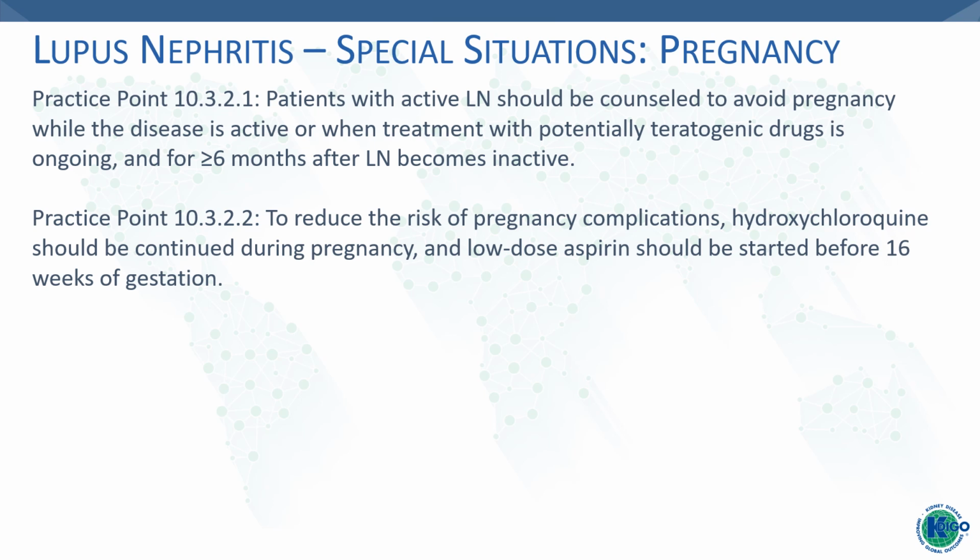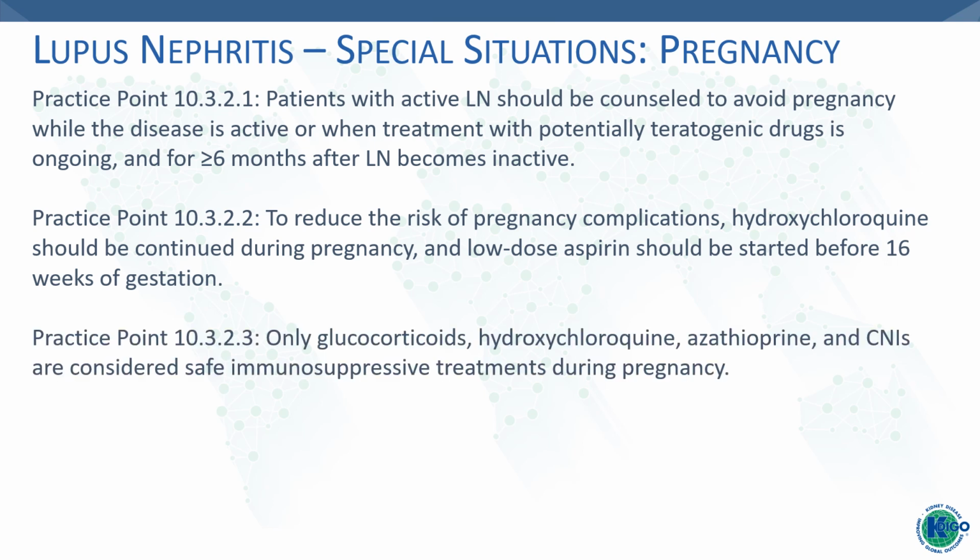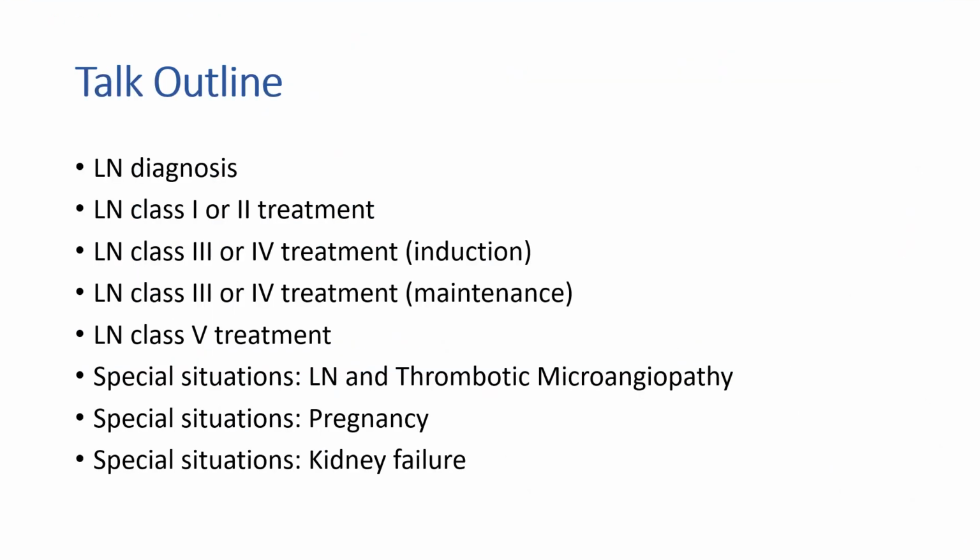Also, to reduce the risk of pregnancy complications, hydroxychloroquine should be continued during pregnancy, and low-dose aspirin should be started before 16 weeks of gestation. The safe drugs during pregnancy are only the glucocorticoids, hydroxychloroquine, azathioprine, and calcineurin inhibitors.